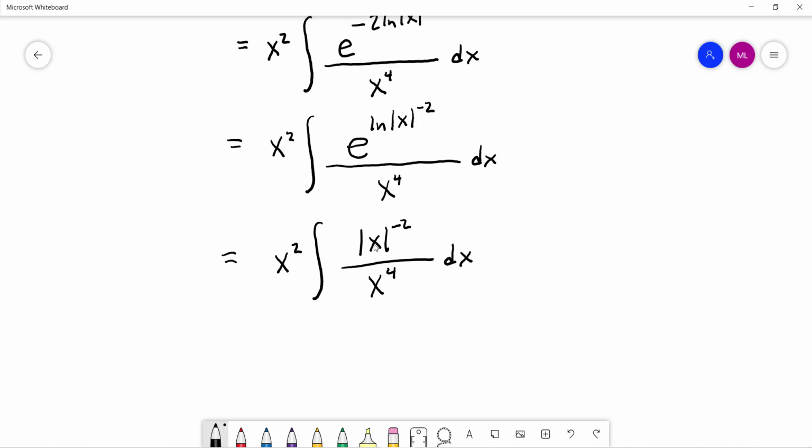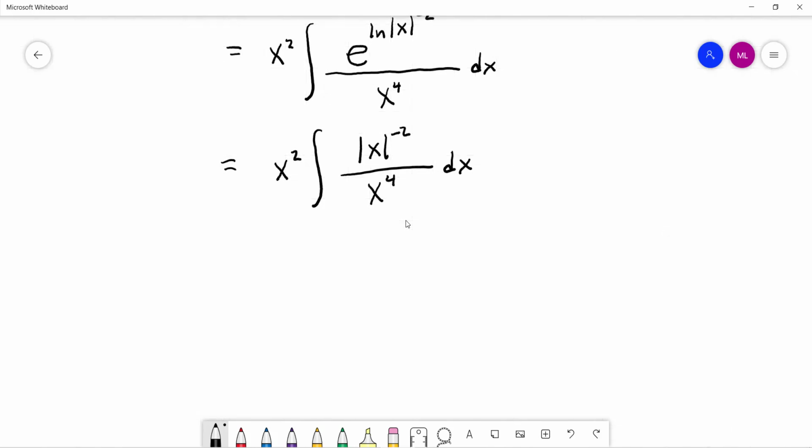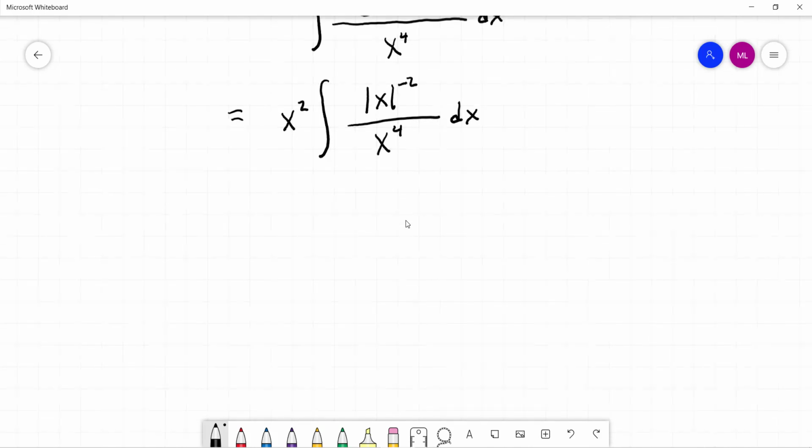But what is the absolute value of x raised to the negative 2? That's the same as 1 over the absolute value of x squared. If we're squaring it, we don't need the absolute values anyways. So this whole thing is going to be x squared times the integral of 1 over absolute value of x squared. We also have the x to the 4th that's already sitting down here, dx.